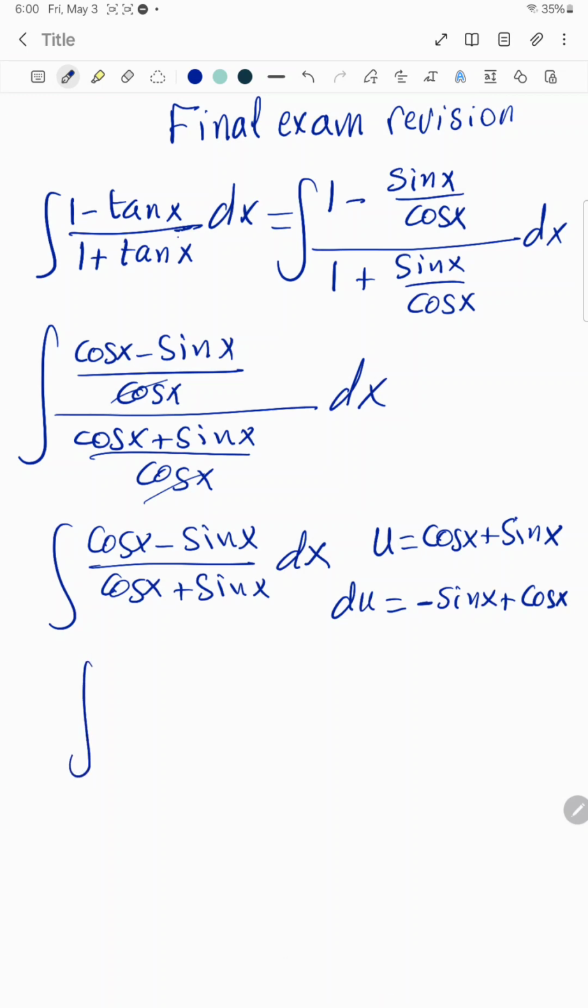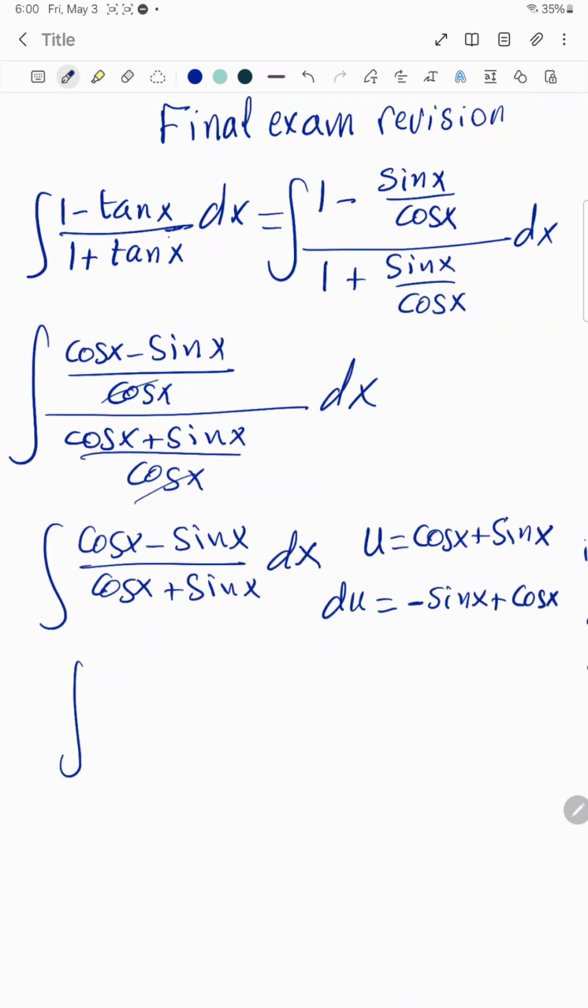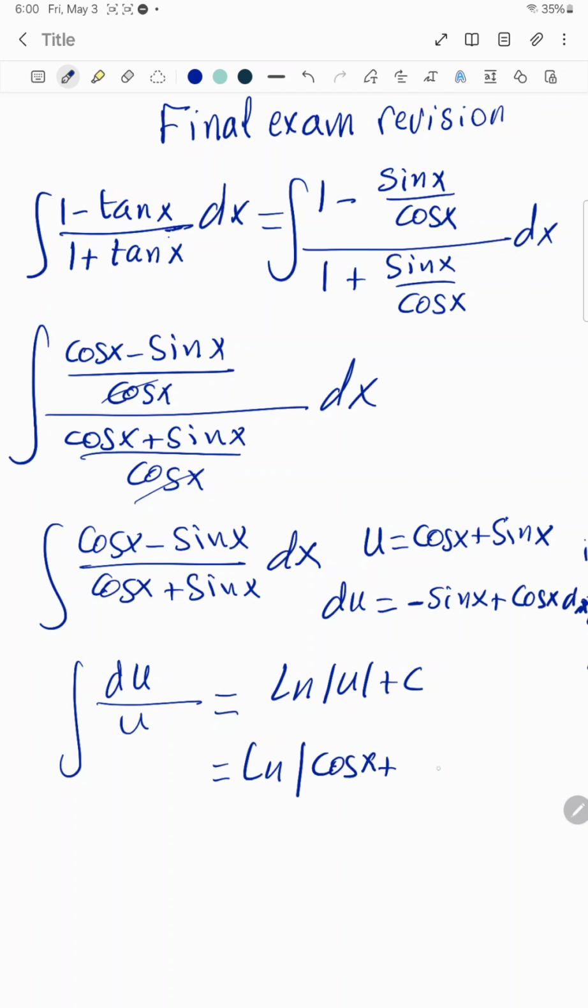So du becomes cosine minus sine, or minus sine plus cosine, it's the same thing, dx here. So it becomes du in the numerator divided by u, and this is equal to ln of u plus c, and then it is equal to ln of, I replace u by its value, cosine x plus sine x, plus c. So the first example is easy, and this is how we do it.